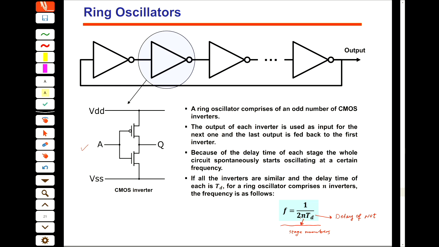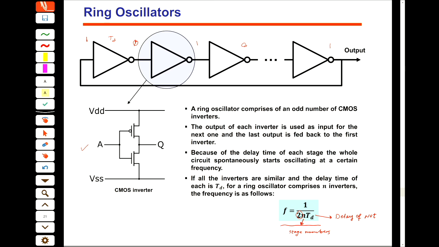And then why is it 2? So we have a signal here, for example, assume that it is 1, and then this one takes TD time to get here, and then here is 0, and then here is 1, and then here is 0, and then here is 1.